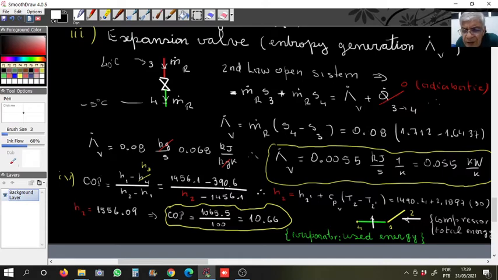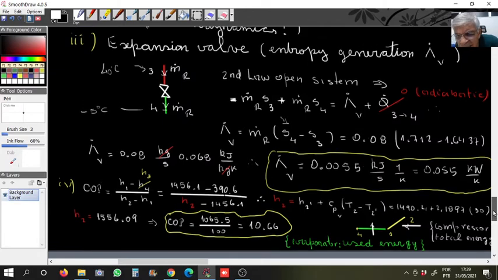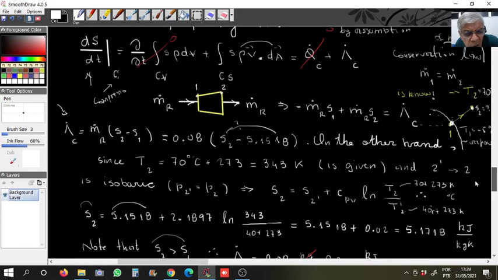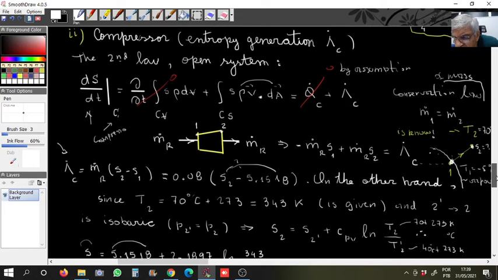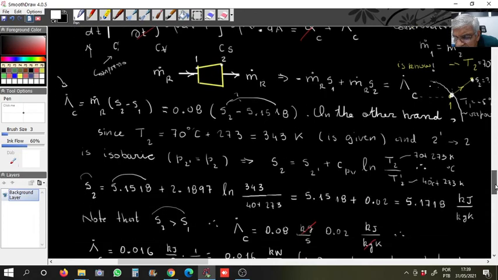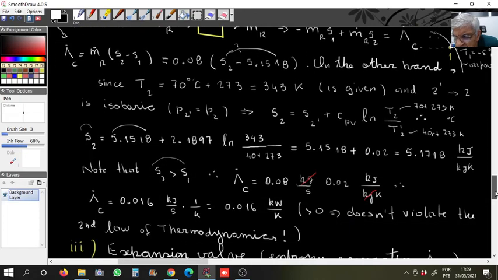S4 minus S3. Attention now, S4 I already obtained. Do you remember? It's there, I can get it from there. I already did that, I calculated S4. Look at S4. Now state 4 is a mixture of vapor and liquid.